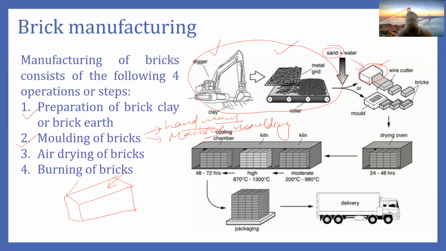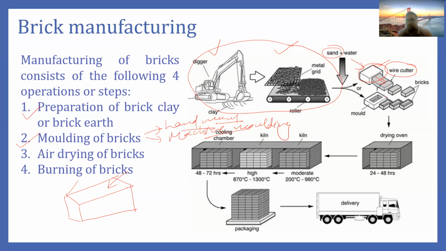If we force from this side, the output of the soil comes out here, and once it is coming out, we cut it using a wire, depending on the specific size we prefer.